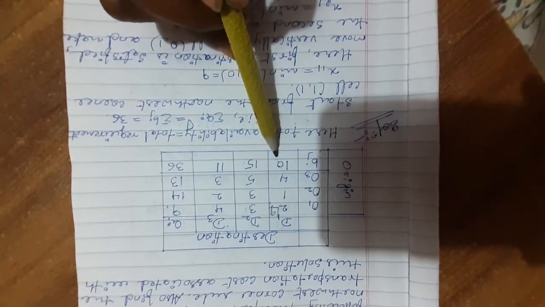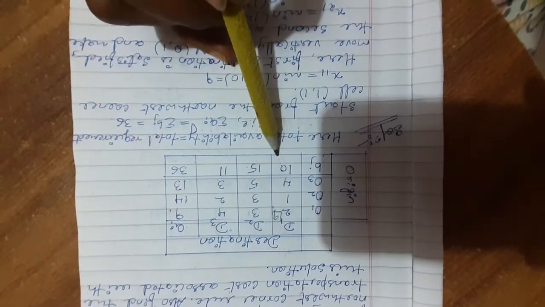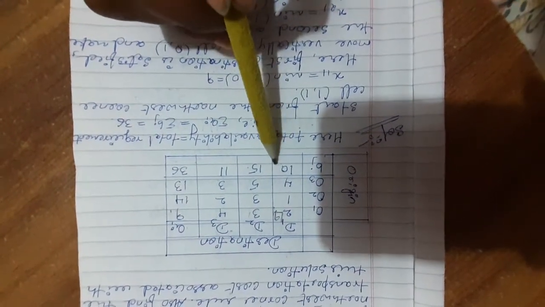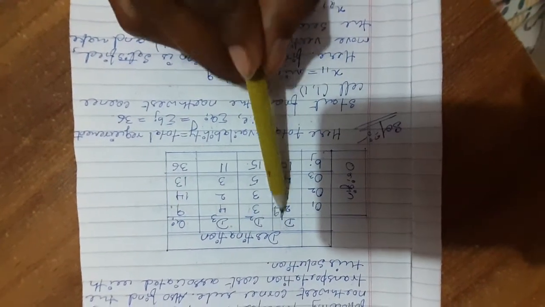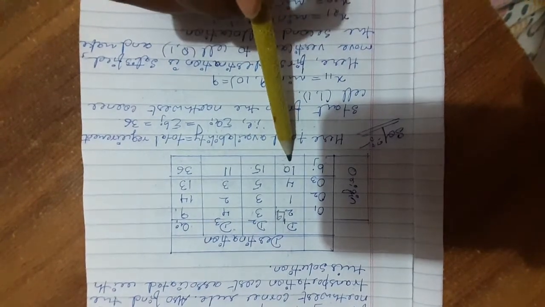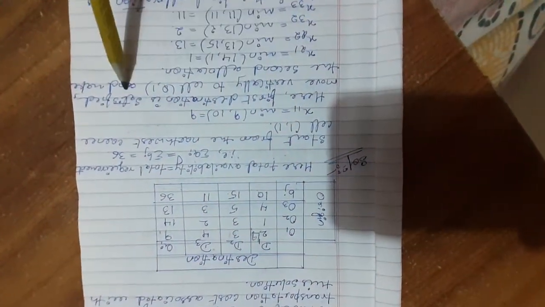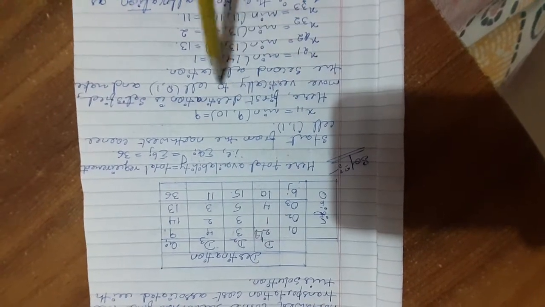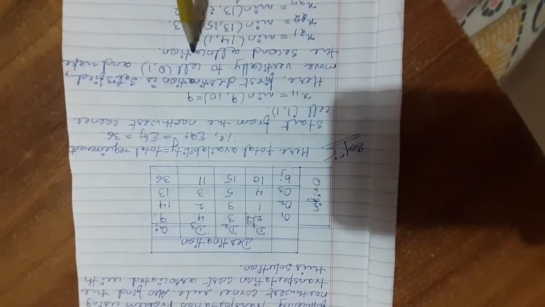Total requirement is 10 and we have allocated 9. So what is the balance? 1. The remaining balance is 1. So we should move to the second row and first column. Now the first destination is satisfied, move vertically to cell 2, 1 and make the second allocation.